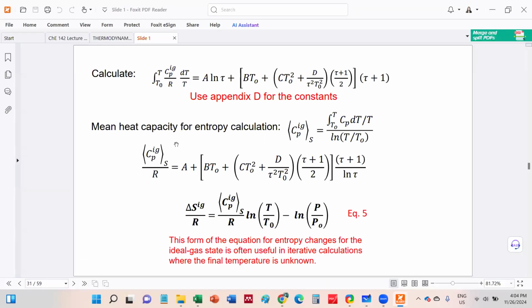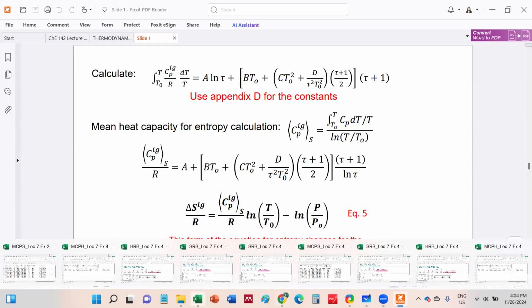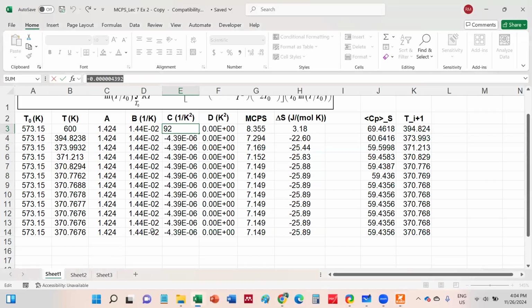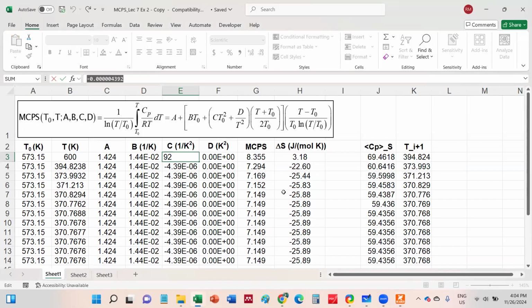Okay, which is this one. But there are two ways that we can do this. If it's a homework, you can use a spreadsheet like this, but I'll also teach you how to do this using your calculator.